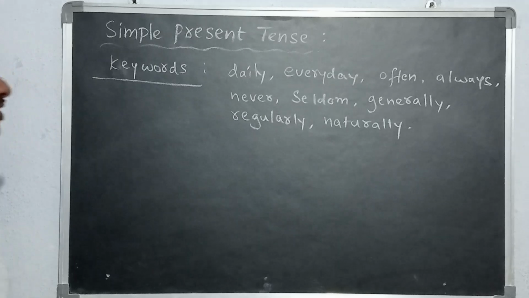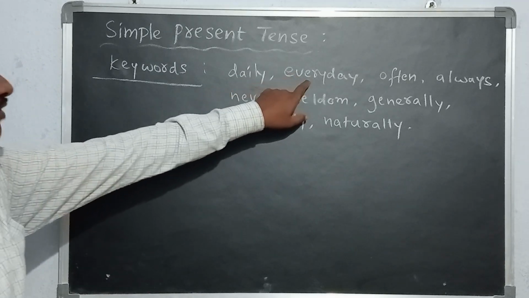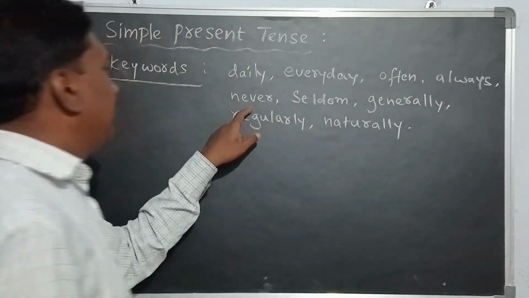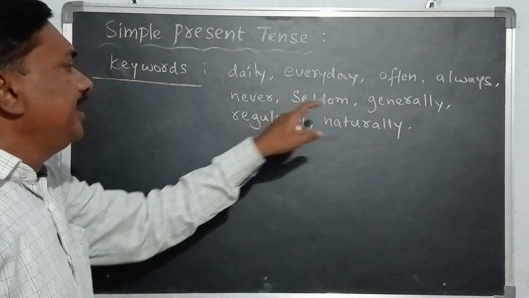Okay, these are the keywords we use in simple present tense: daily, everyday, often, always, never, seldom, generally, regularly, naturally.